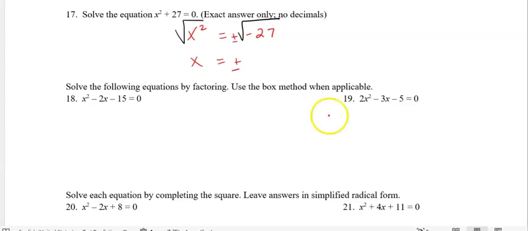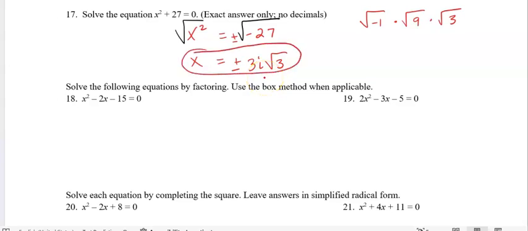So now I just have to simplify the square root of -27, and here are my radical factors. These radicals multiplied together will equal this one radical. So this leads me to how to simplify. The square root of 9 is 3. The square root of -1, that's the definition of i. That's what i is. And then I've got this other radical, the square root of 3. That cannot be simplified. So there's my answer for number 17.